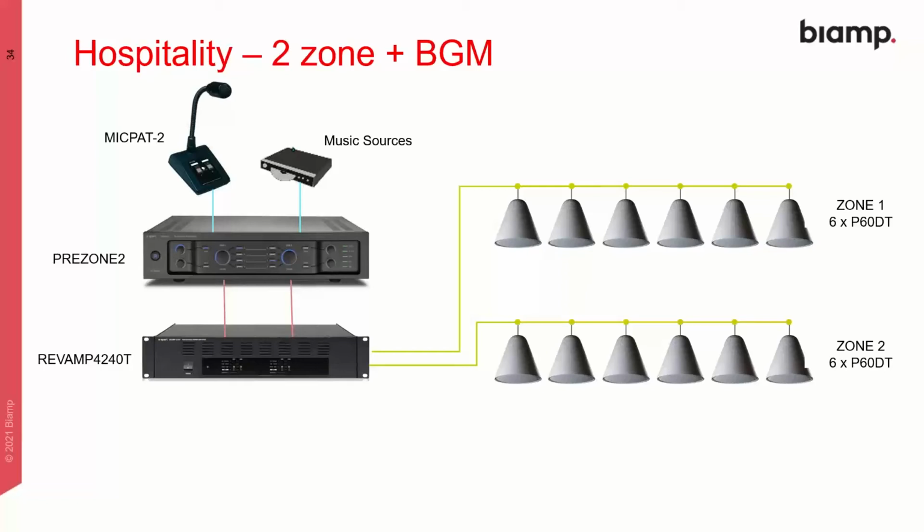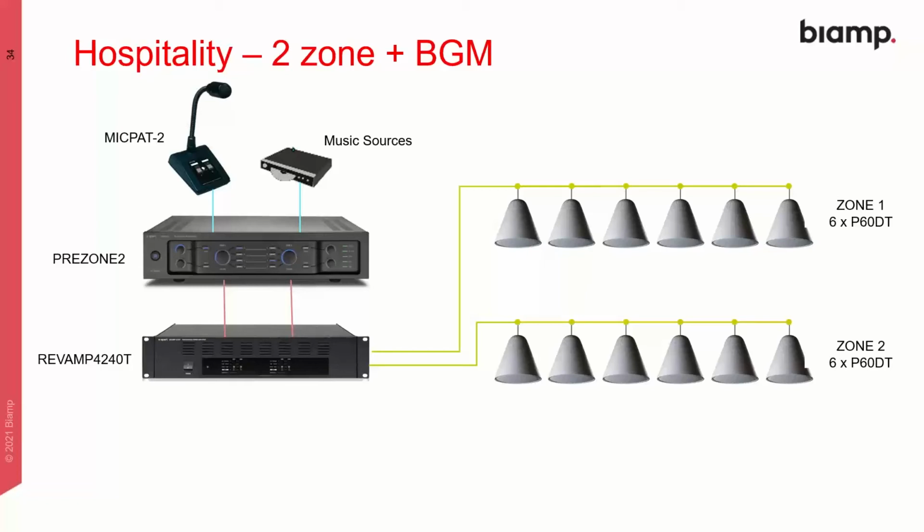Using the front panel of the pre-zone 2, you can select which zones the music will be playing in and which music source will be playing. Plus you can adjust the level in each zone, and that's fed via one of our simple 100-volt amplifiers, so 4 channels of 240 watts. In this case, we're using it in bridge mode. And then, of course, when you come to use the paging mic, you can choose either zone 1 or zone 2 or both.